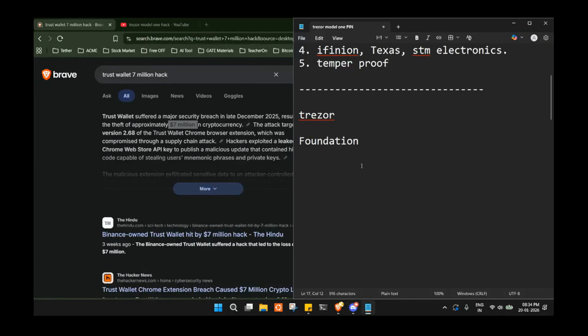See, I would say Coldcard and Foundation have very top-notch security. This is my personal opinion, because what I have seen, it is very hard to crack Coldcard and very hard to crack Foundation devices as well. But I don't like the user interface of Foundation.